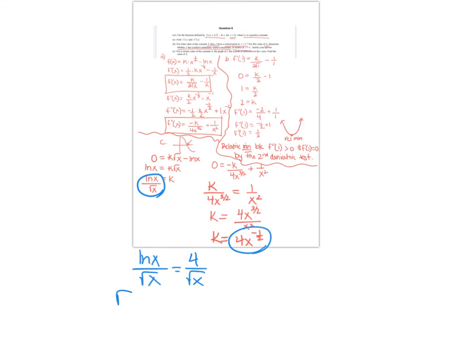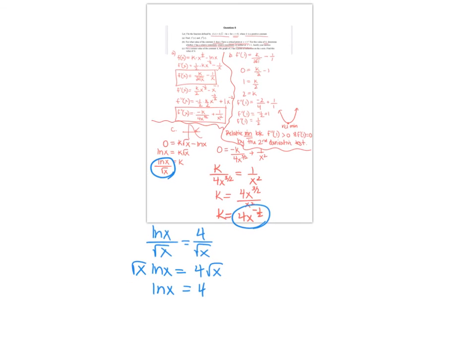Okay? So ln of x all over radical x equals 4 over square root of x, that's fine. So when I cross multiply here, I get radical x, ln of x equals 4 radical x, divide both sides by radical x, and ln of x equals 4, meaning e to the 4th equals x.